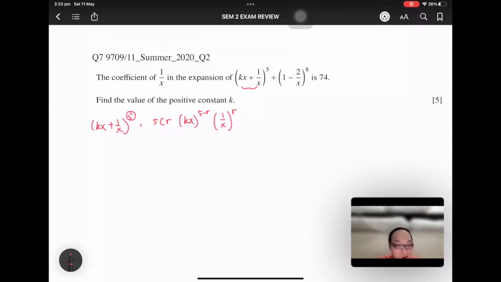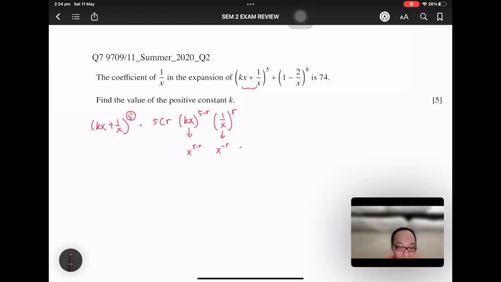Now, the term that contains 1 over x comes from these two parts. Since we don't know the value of r, we have to find r first. So we take the x terms. From here it is x to the power of 5 minus r, and from here it is x to the power of minus r.